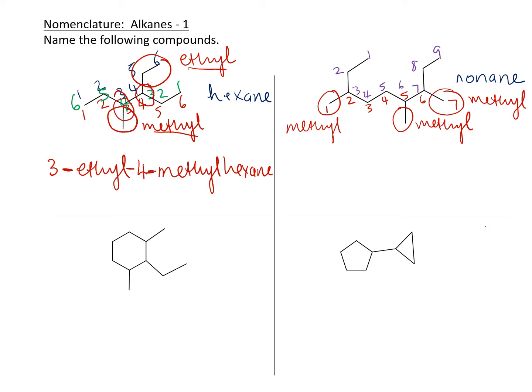So now I need to figure out how to do my numbering, because my numbering should be lower numbers. That's the other rule. Lower numbering means it should be closest to the end of the chain. Whether it's this end of the chain or that end, the numbering should be lower numbers. It seems that I may have a little bit of a problem.